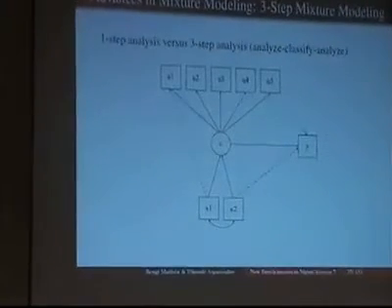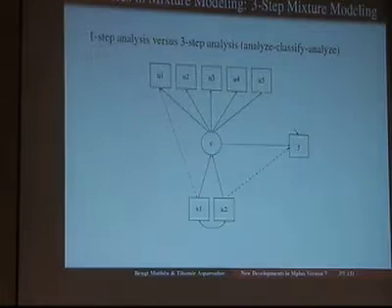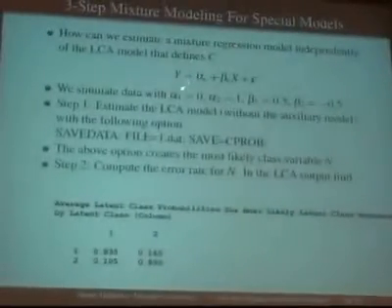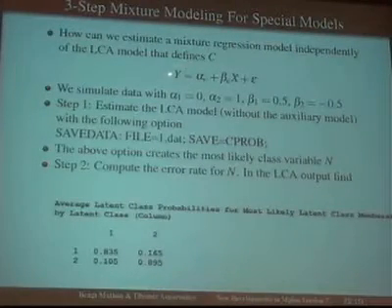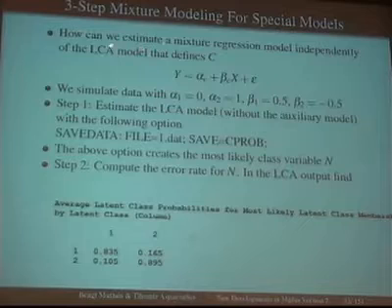Here's that model. And I'm going to show you how to manually do the three-step procedure. We have a latent class variable C that's measured by an LCA model.